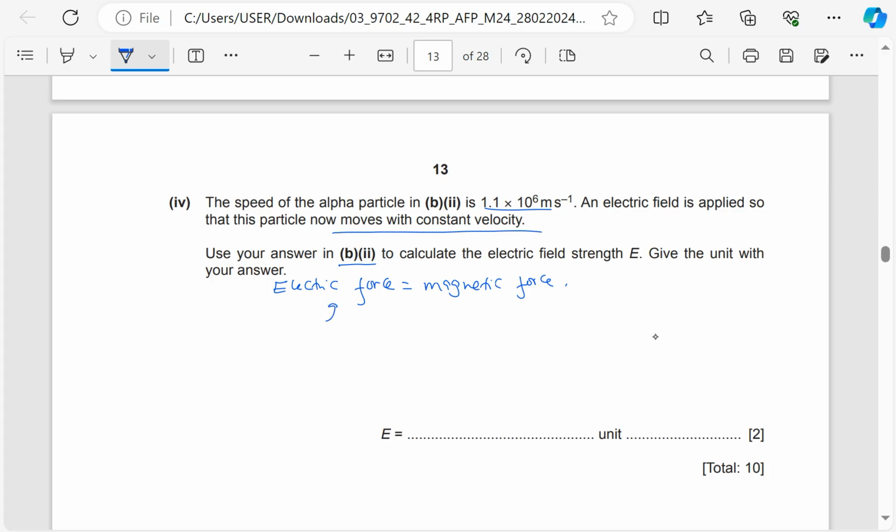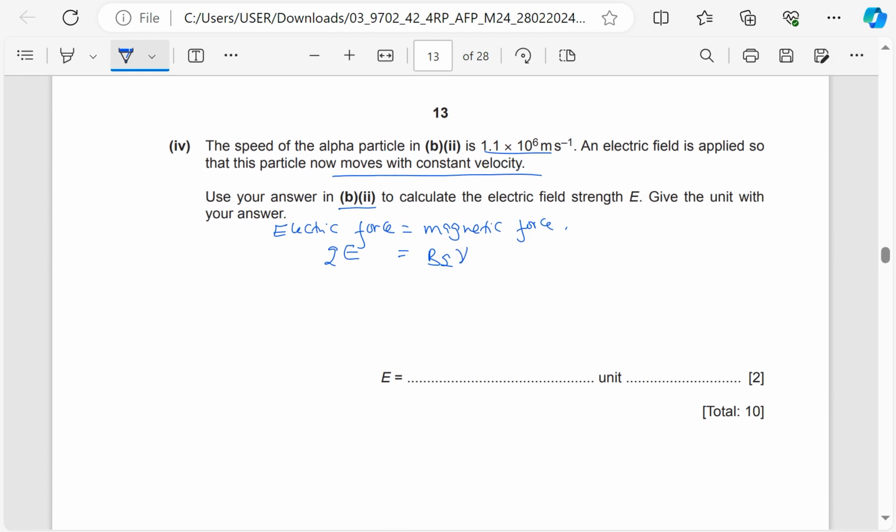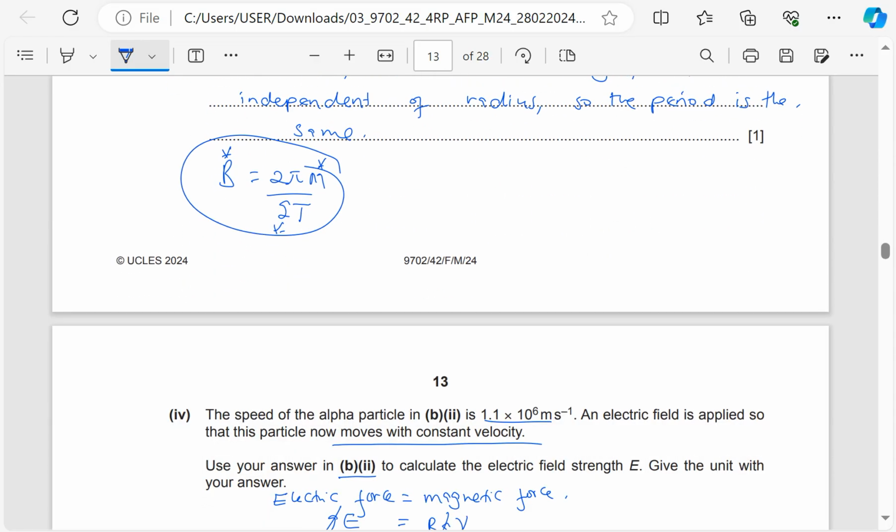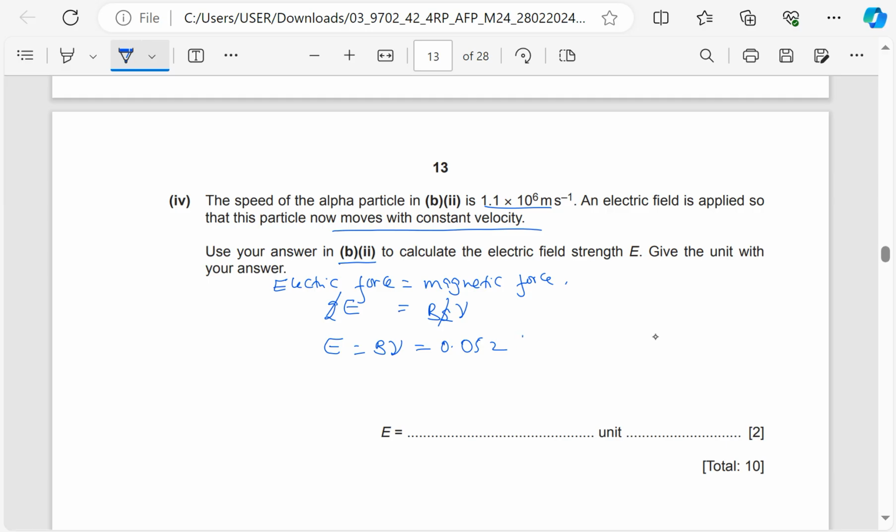Electric force is charge times electric field strength. The magnetic force is BQV. Of course Q cancels out, which means E is going to be B times V. When I substitute, B is 0.052 times V, which is 1.1 times 10 to the power of 6.